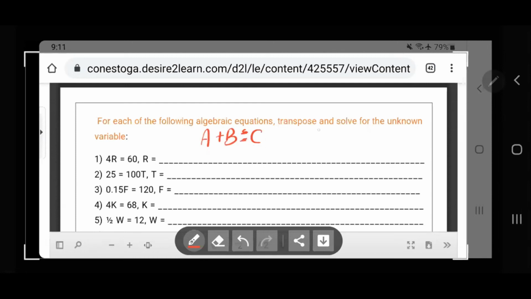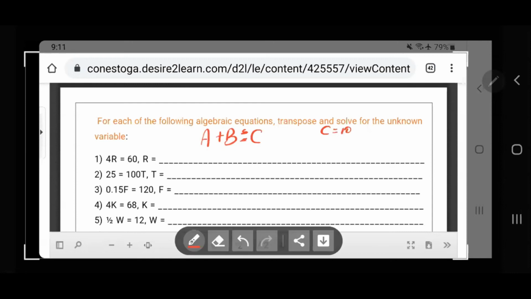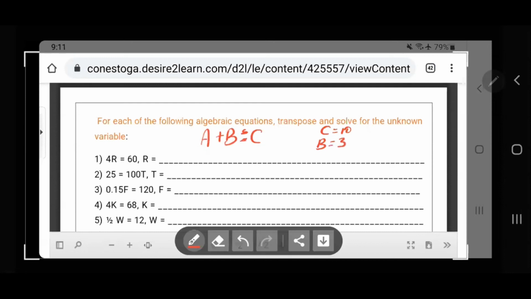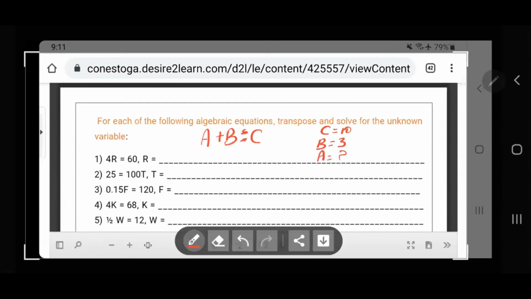Let's give numbers to this. Let's say that C is equal to 10, and B is equal to 3. In this instance, the number that we don't know is A. Of course, by simple inspection, a lot of you already know the answer, but for practical purposes, we have to be able to transpose the equation.